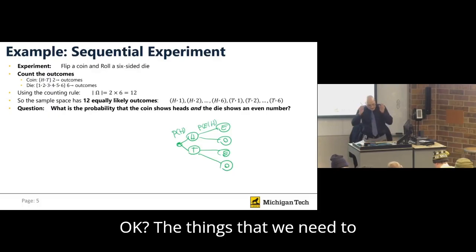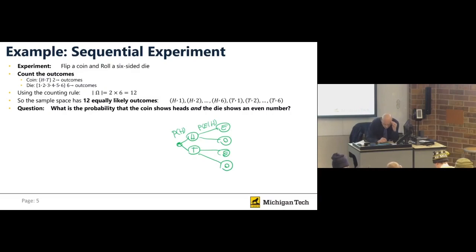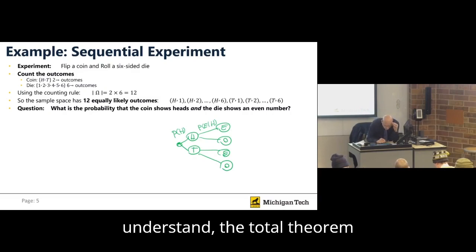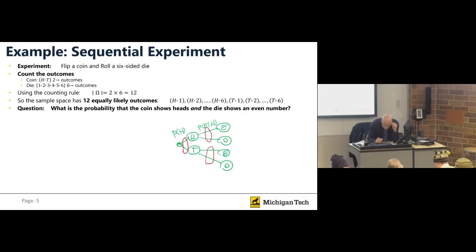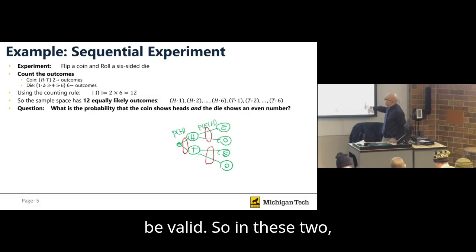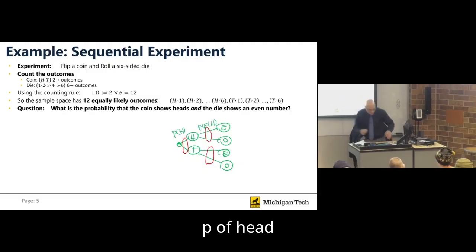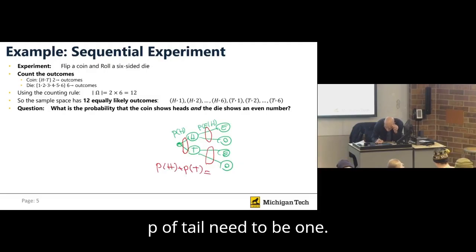Okay? The thing that we need to understand is that the total probability theorem in summing this needs to be valid. So in these two, P of head plus P of tail needs to be 1.